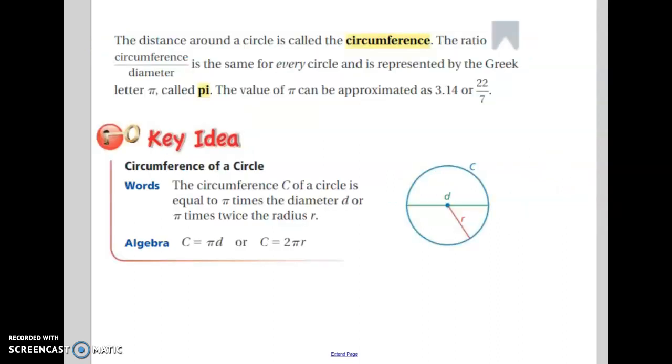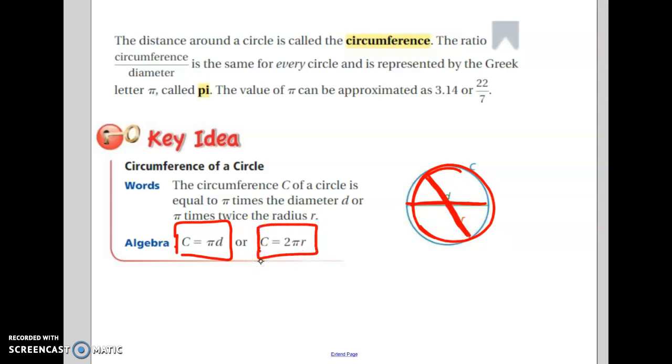Remember from our circumference on the round table that the measurement circumference is the distance all the way around the circle. And so here you have the formula for finding the circumference of a circle. So how you can calculate this distance around the outside of a circle is you can take pi and multiply it by the diameter all the way across the circle, or since we know that diameter is twice the radius, you can also, if you know the radius of a circle, use this formula instead.